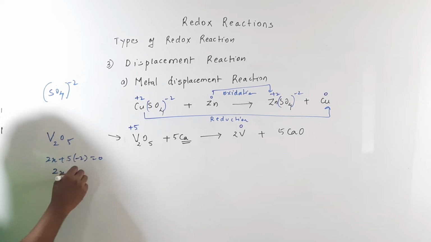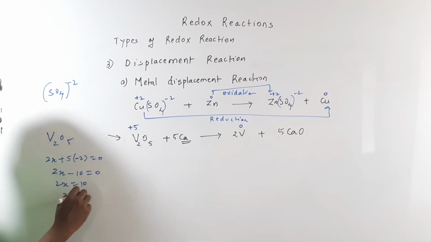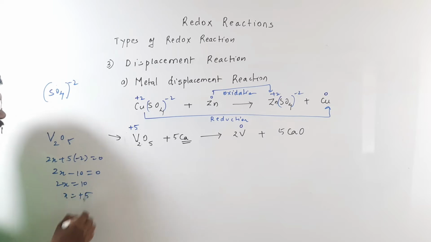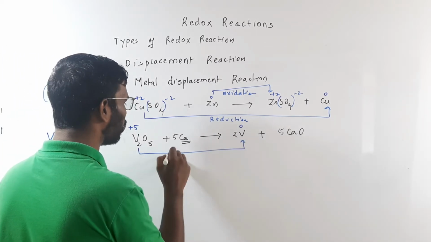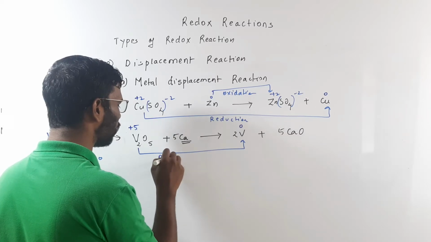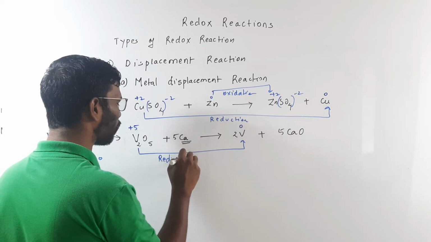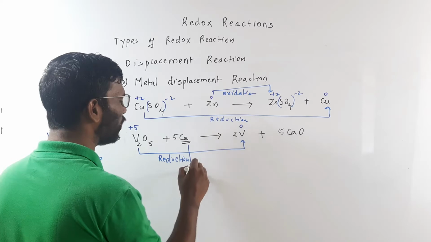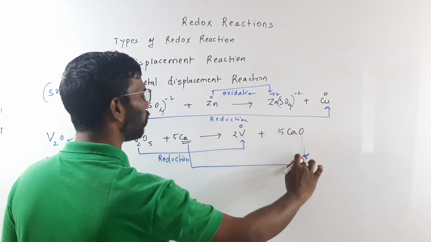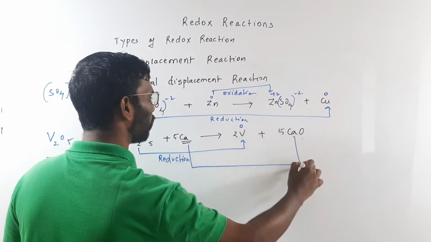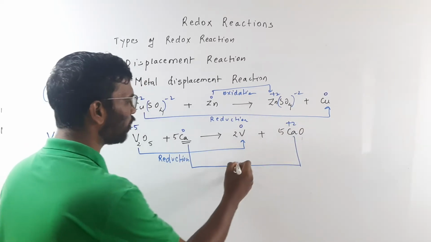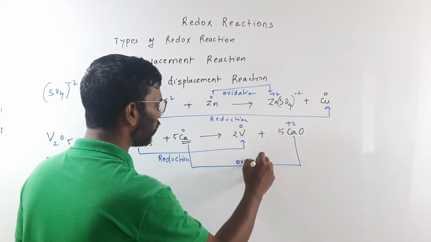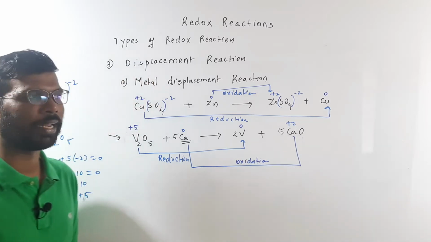So 2x minus 10 is equal to 0, 2x is equal to 10, x is equal to +5. So this is +5 changing to 0, which is a reduction. What about calcium? Calcium is changing from 0 to +2, right? So this is oxidation. Here metal is getting displaced.